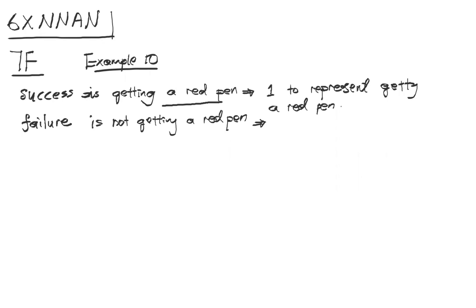So you use 0 to represent this. So this is how I explain it is a Bernoulli random variable. Do you get me? You have to specify. So this is a Bernoulli random variable.